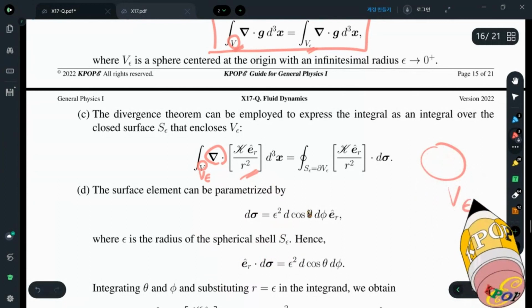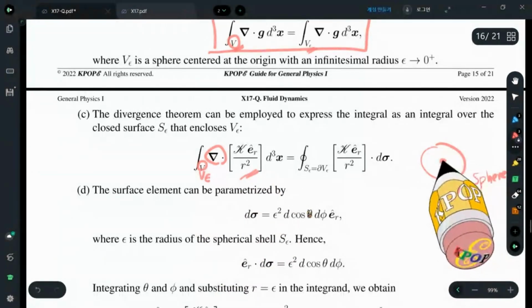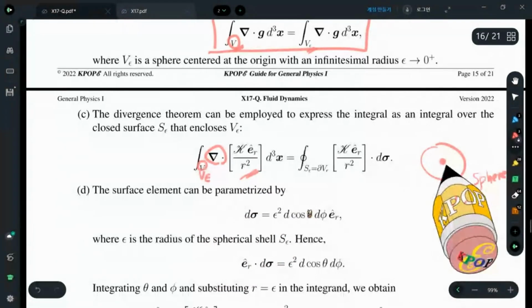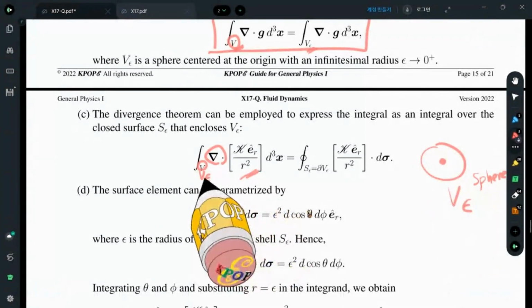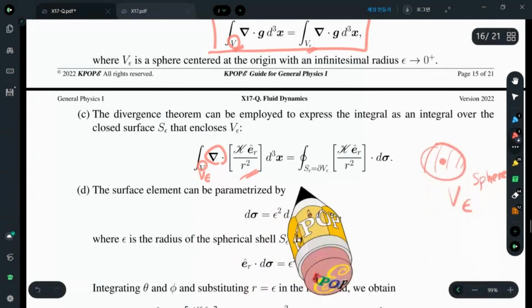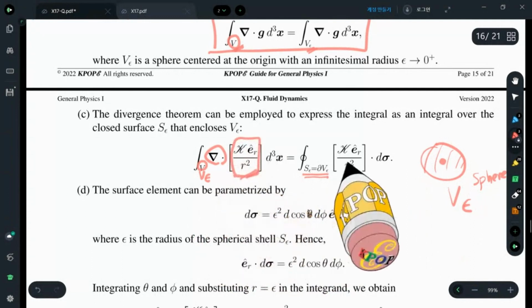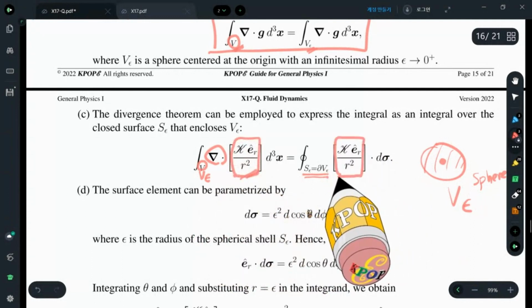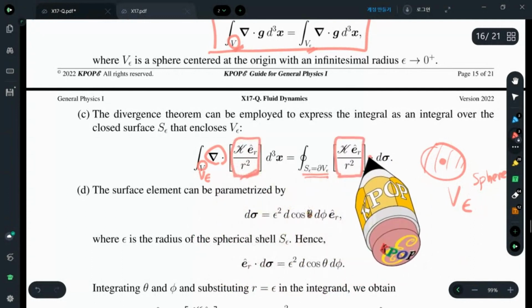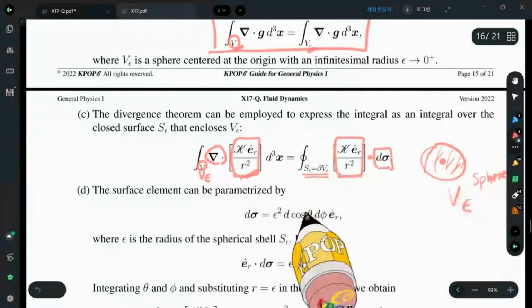This V epsilon is a sphere whose center is the origin where the mass is placed. I replace this one with a closed surface integral. This is a closed surface, and this vector is placed in here, scalar product with the surface element.